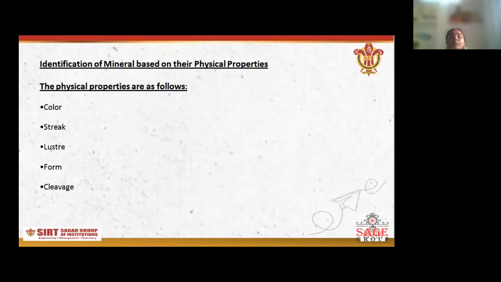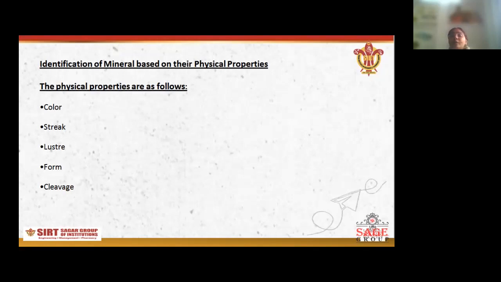Okay, now let us discuss some physical properties by which we can recognize the mineral in the field. When we are in the field, we don't have any equipment, any type of solution, or any type of laboratory in the field.